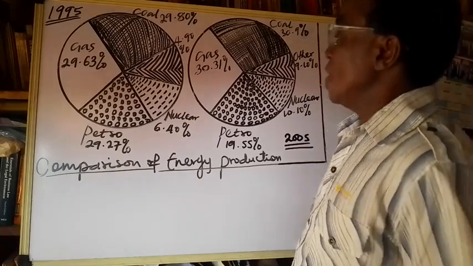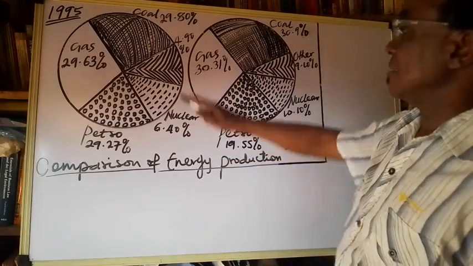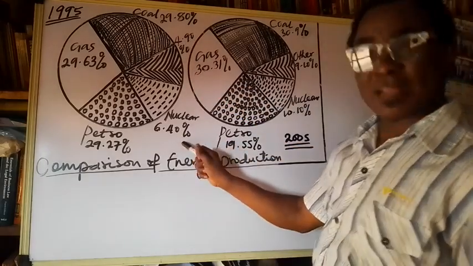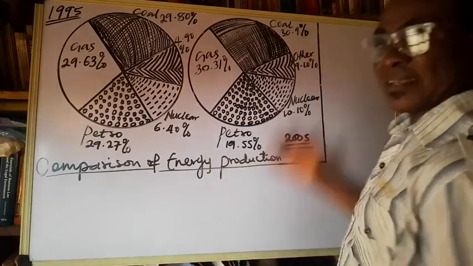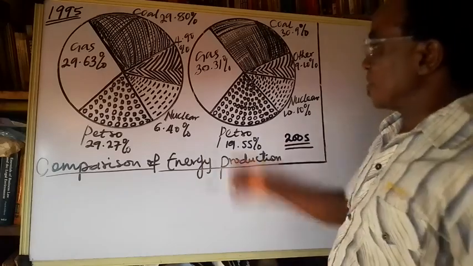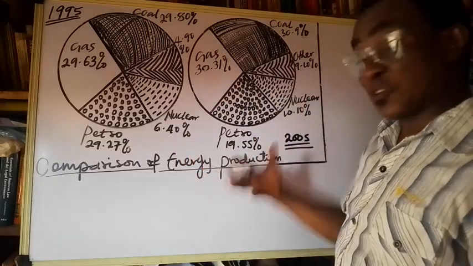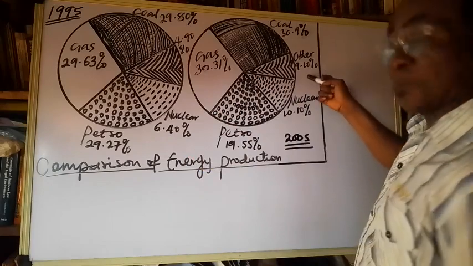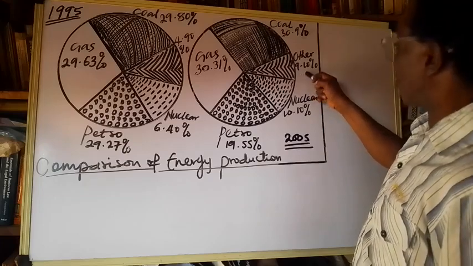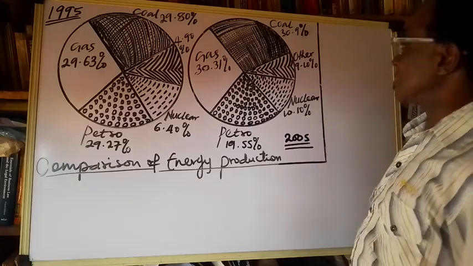Now, other sources of energy and nuclear energy increased dramatically from 4.90% for other sources and 6.40% for nuclear energy to roughly a 10% level in 2005, rising to 9.10% for other energy, and 10.10% for nuclear energy.